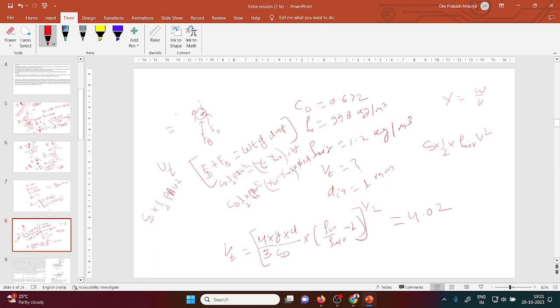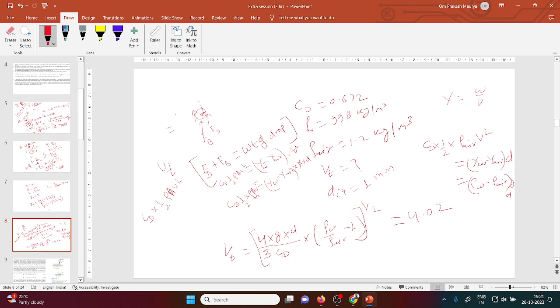And V square is equal to gamma of water, gamma of air, into diameter. If you convert this into rho, what will happen? Rho of water, rho of air, into G, D, right?